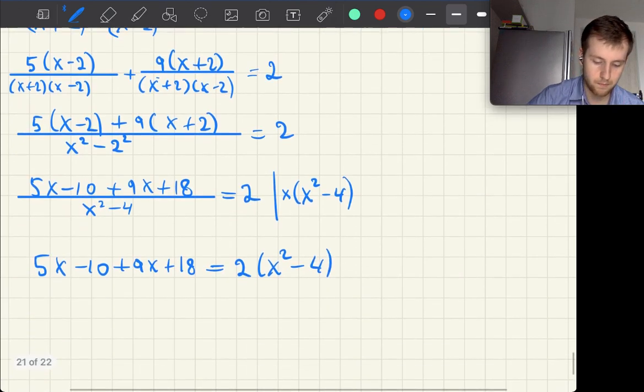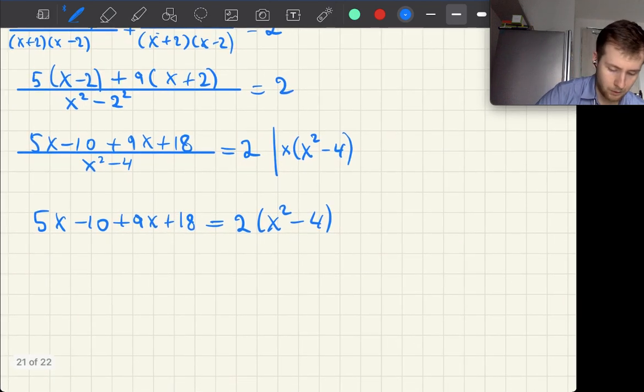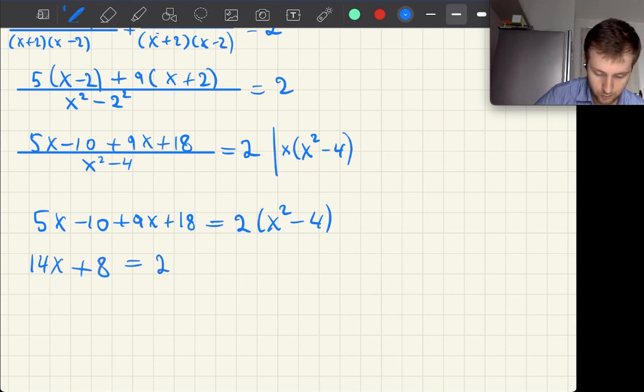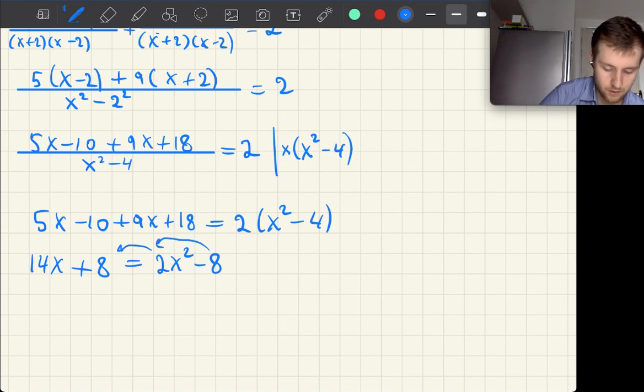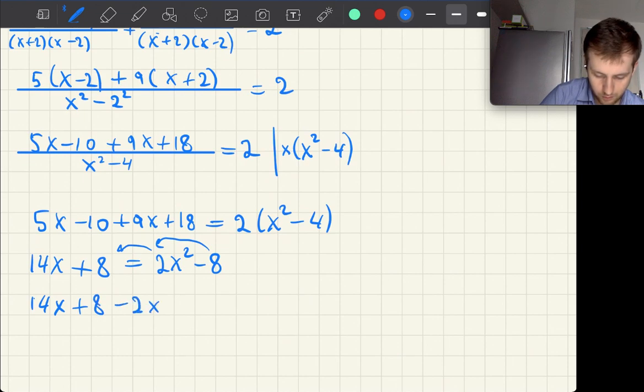Okay, let's start simplifying it now. I feel like I'm making it a bit too long, so we're gonna get 14x. 18 minus 10 is 8, plus 8 equals 2x squared minus 8. So when we solve a quadratic equation, the best idea is to take everything to one side. So we will move 2x squared, and we're gonna move minus 8 to this side. So we're gonna get 14x plus 8 minus 2x squared plus 8 is equal to 0.